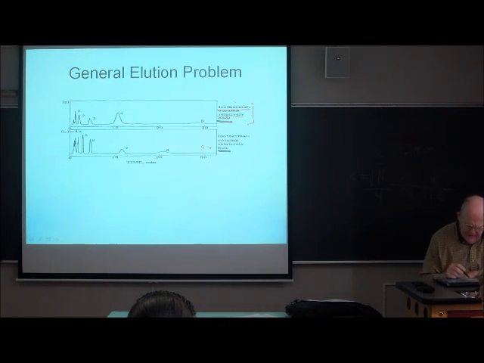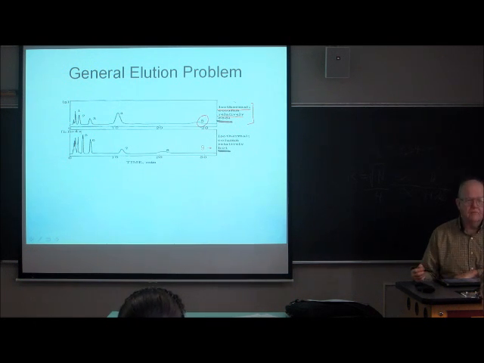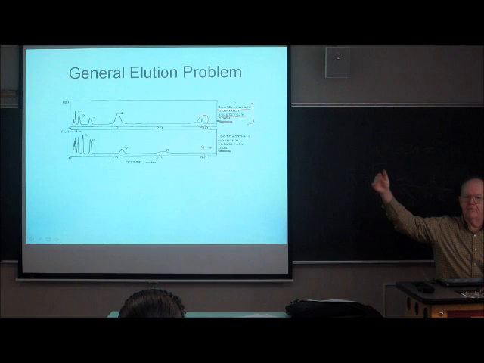However, in this particular mixture, there are 9 compounds. But on this time scale of 30 minutes, we only see 5 compounds. And 6, 7, 8, 9 are coming out next month.